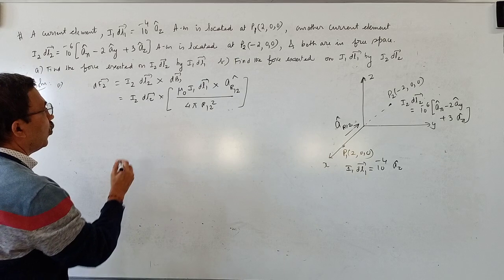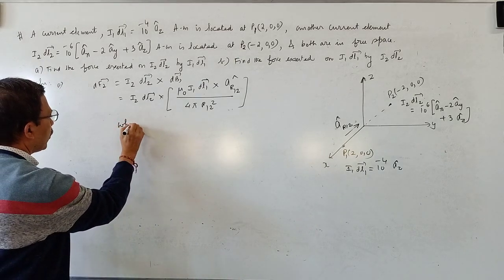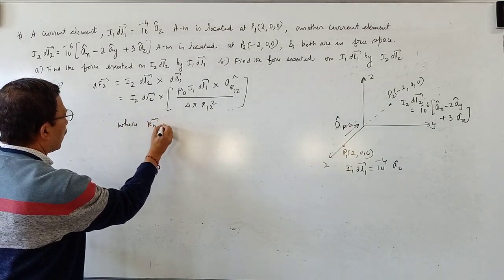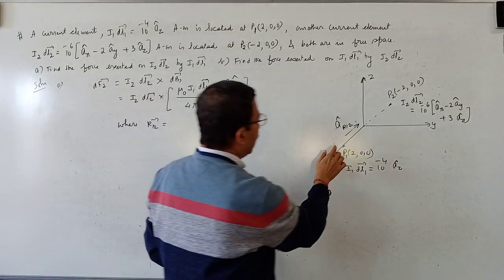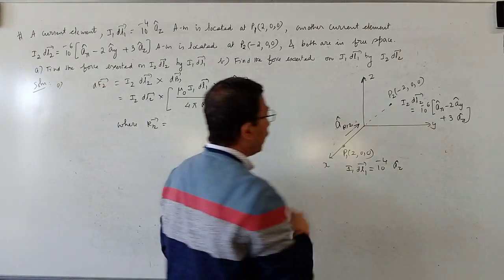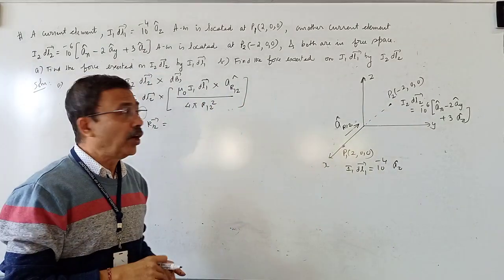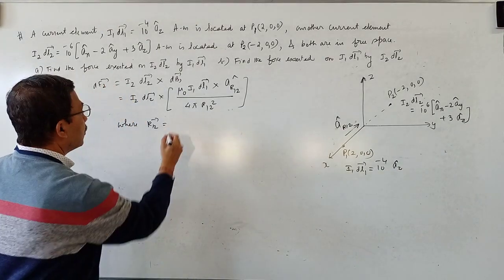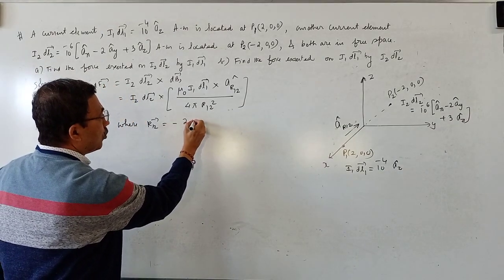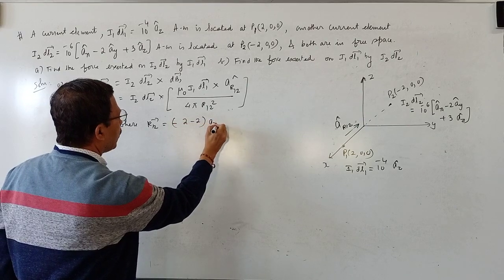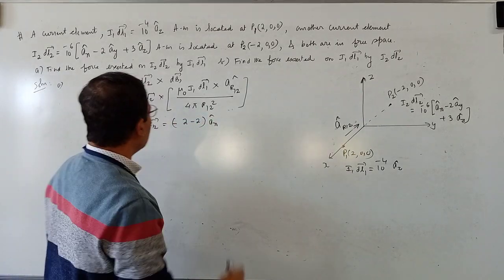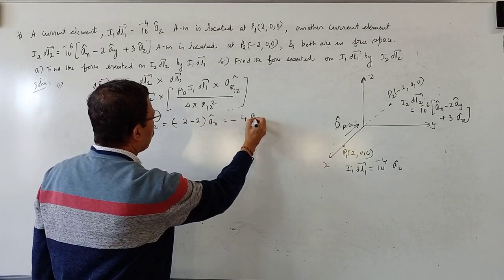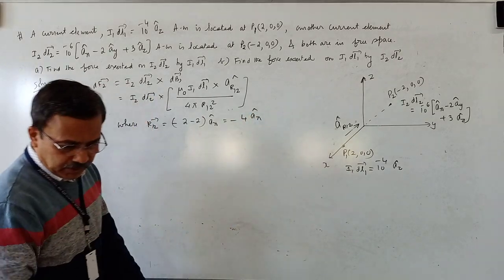So first you find vector r12. This is the initial point, this is the final point. Final point minus initial point into corresponding unit vectors. So it is minus 2 ax cap minus 2 ax cap, Y and z coordinates are 0. So this is nothing but minus 4 ax cap.